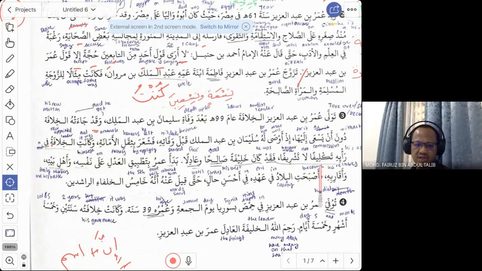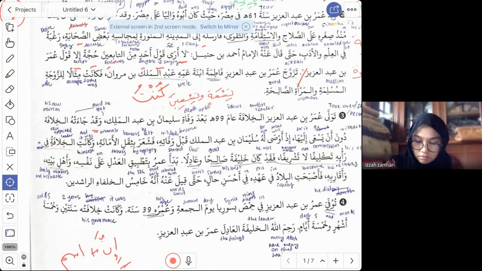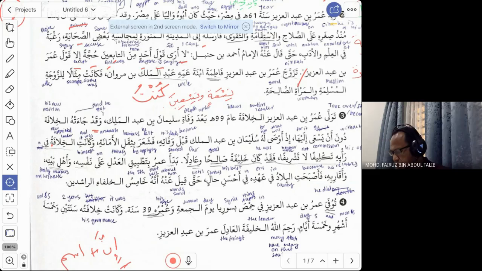Taklif here is responsibility, a burden. So in his opinion, this new position is not tashrif, la tashrif. It is not an honor for him. Instead, it is a responsibility. So this is what it means. Taklif la tashrif. Continue.